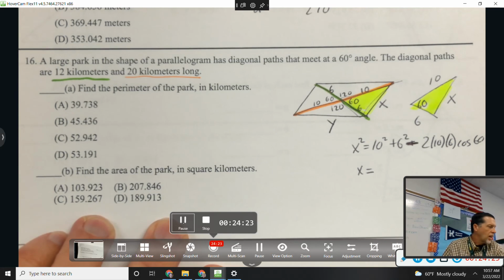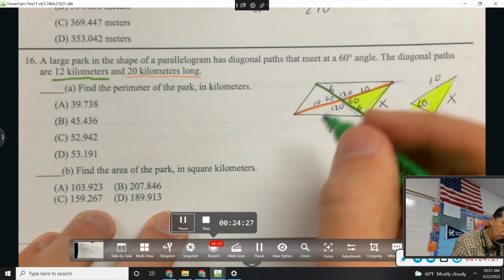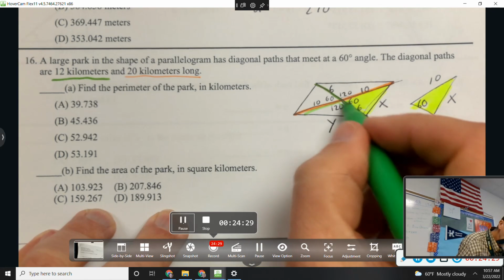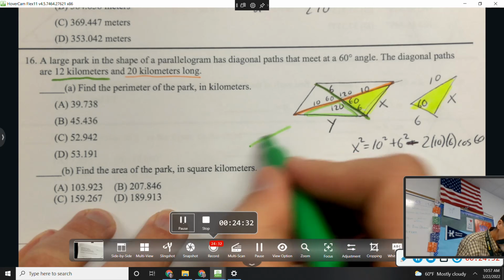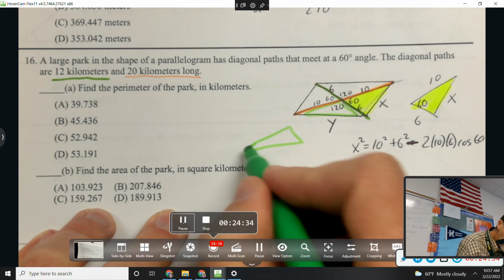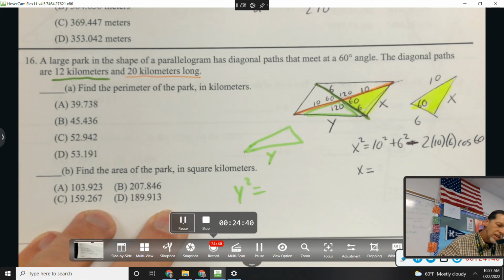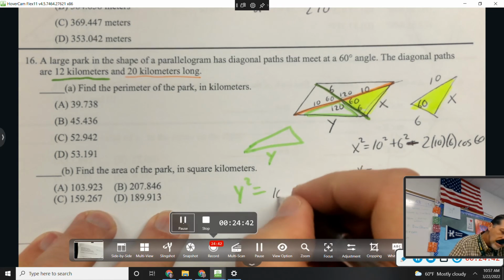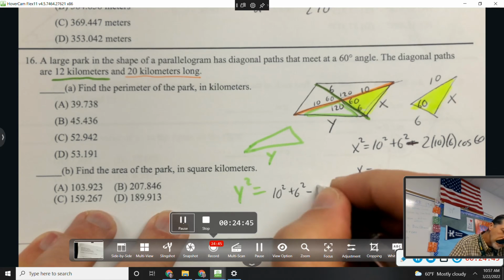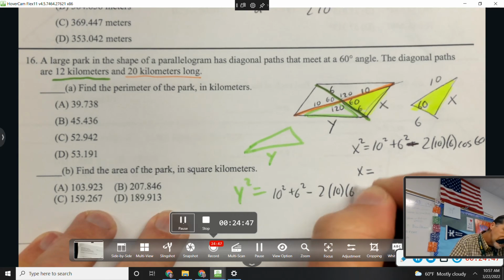And then I'll do the same thing. Kind of pressed for time. I can do the same thing with this bottom triangle, and I'll have y squared equals 10 squared plus 6 squared minus 2 times 10 times 6 times cosine of 120.